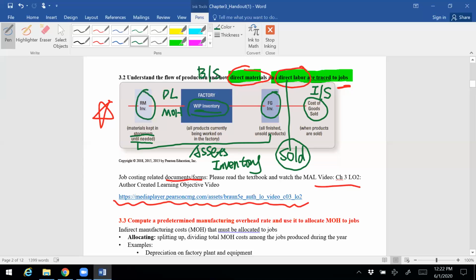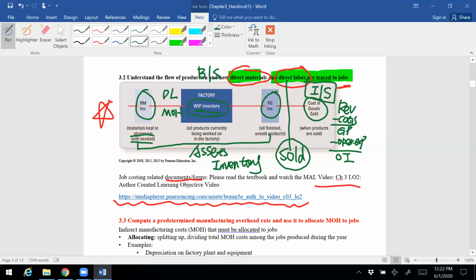So make sure you know how we change from our assets: once sold, it becomes our cost of goods sold in our income statement. Why is it important? Because we use revenue minus cost of goods sold to get our gross profit, minus all the period costs, which we also call operating expenses, to get our operating income.